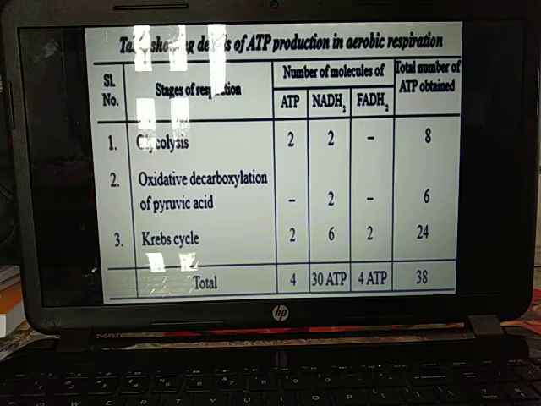In aerobic prokaryotes, heart, liver and kidney, 38 ATP molecules are produced per glucose molecule oxidized. Passage of ATP molecules from inside of the mitochondria to the cytoplasm is through facilitated diffusion.